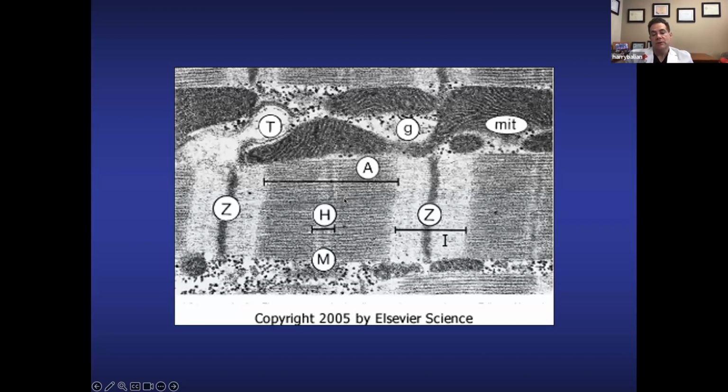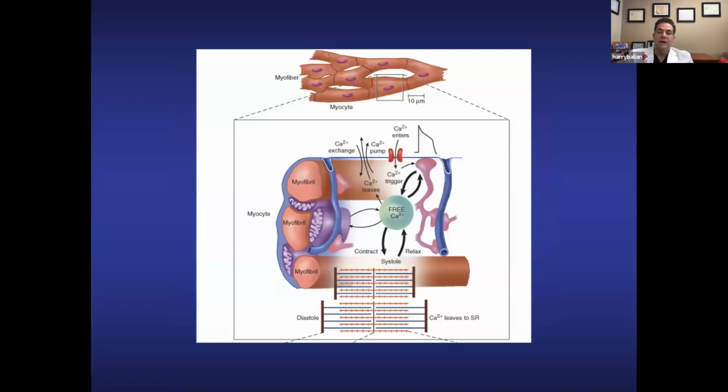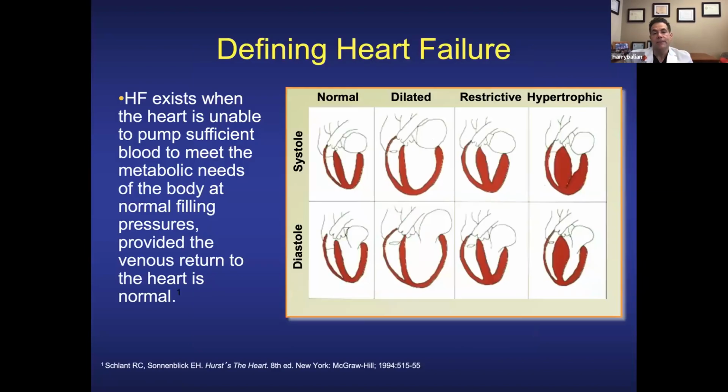That's one of the reasons why when people pass away, they are in rigor mortis: they don't have the energy, the ATP, to pry the actin from the myosin, and so the muscles stay in a contracted state. So, as I mentioned, actin myosin overlapping causes the contraction. The relaxation is an active process where calcium enters the cell. Calcium then causes prying of the actin from the myosin, and that's what causes the relaxation.